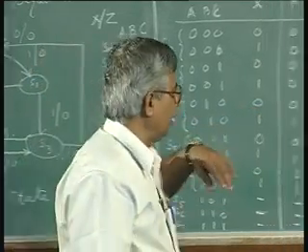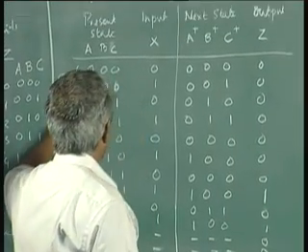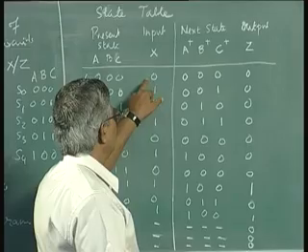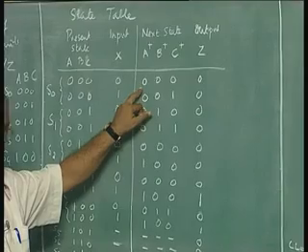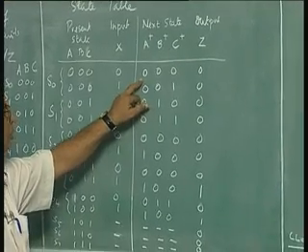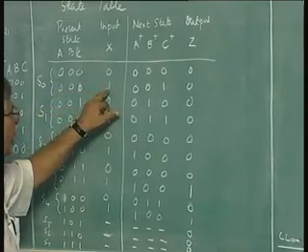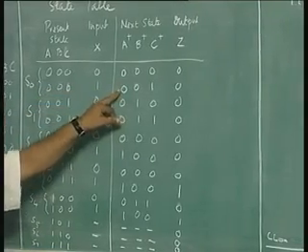Now, as an example, we will take the first row. The present state is 0 0 0, X is 0, the next state of the flip flop A should be 0. If the present state is 0 0 0 and the input X is 1, then also the next state of the flip flop is 0.